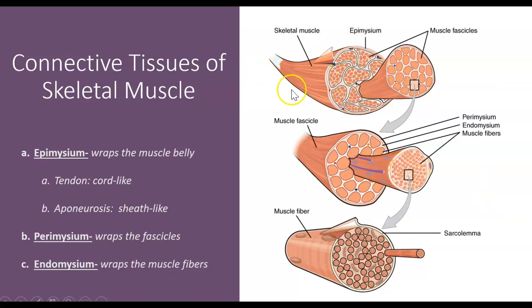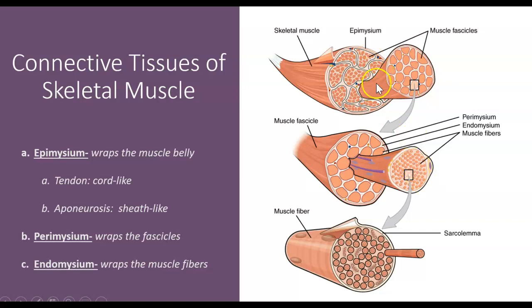So if we look at an entire muscle here, we can see that an entire muscle is going to be divided into a couple different subdivisions. So the entire muscle is going to be made up of these groupings, and these groupings are going to be called fascicles. And inside each of the fascicles then is going to be muscle fibers.